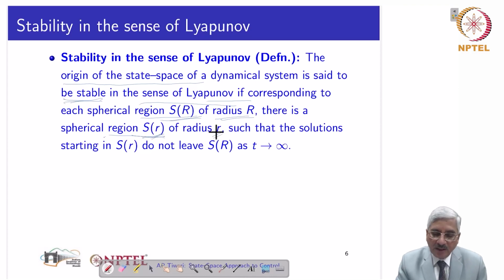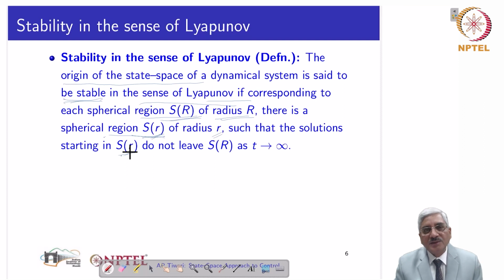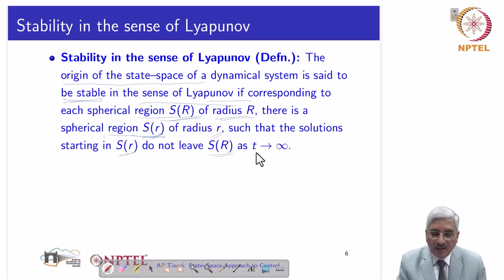If we have some initial condition x0 in S(r), the sphere of smaller radius r, and a solution starting from that x0 does not go outside S(R), the spherical region of capital R radius, as t tends to infinity, then the origin of the state space of the dynamical system will be called stable.